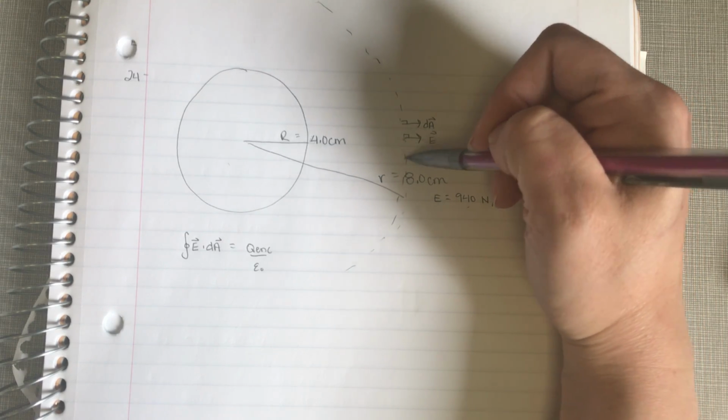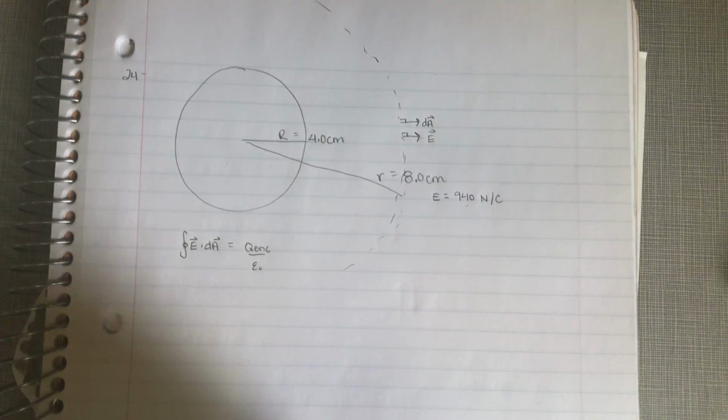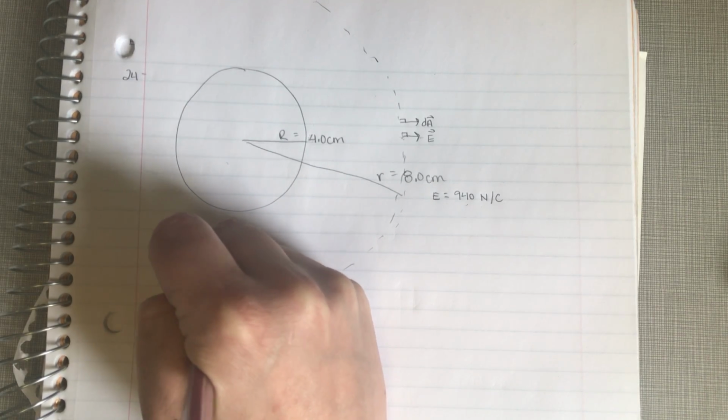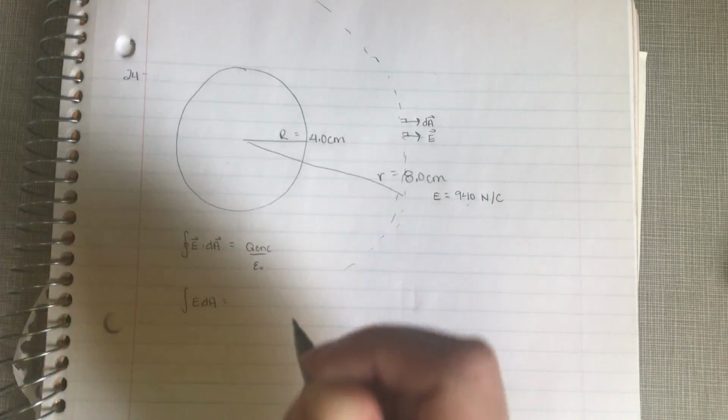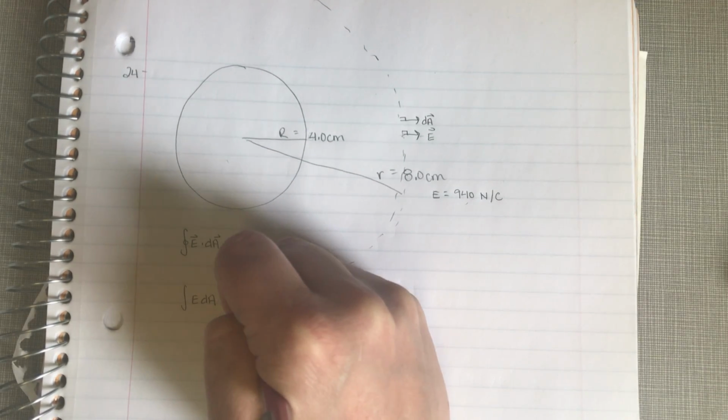So at any given point on the surface, E and dA are parallel, which means the dot product just turns into the magnitudes: the integral of E dA equals Q enclosed over epsilon naught.